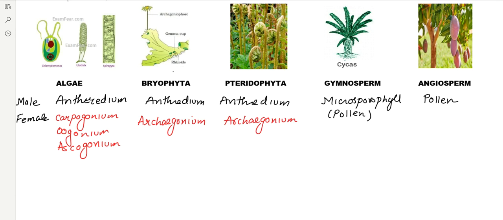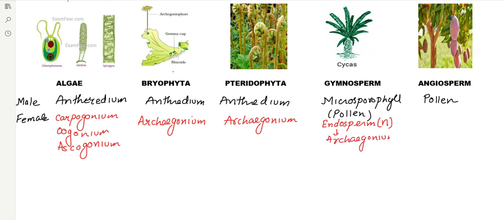In bryophyta and pteridophyta, the archegonium was directly present on leaves. But when we talk about gymnosperm, these were present inside a structure called endosperm. And this makes one of the important questions about ploidy level, which is that endosperms are also haploid in nature. Now, in this, we see the presence of archegonium.